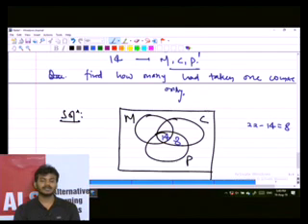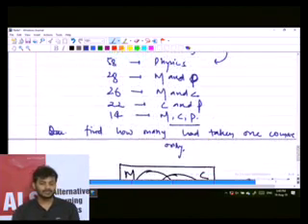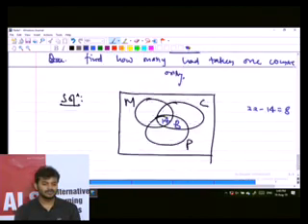So it is nothing but 8 now, because 14 plus 8 would be 22. These are the students who have actually opted for C and P both, out of which 14 are common to all 3. Similarly, what is M and C? M and C is given 26. So this will be how much? 12.